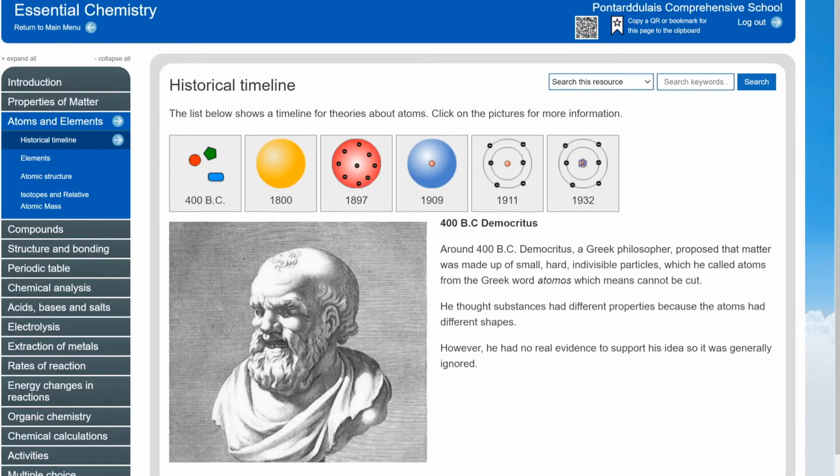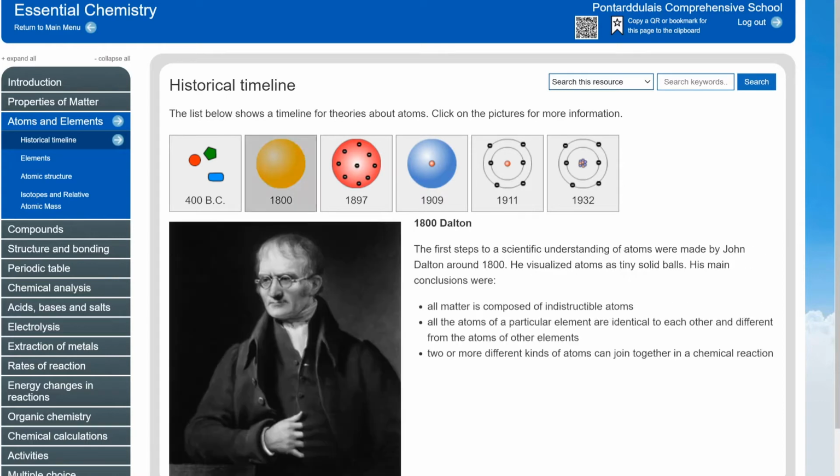Let's look at a bit more detail about the historical timeline of the theories about atoms. You can see the picture here. Democritus, 400 BC, came up with this idea of atomos, but didn't talk about anything inside them. Then we did have this gentleman, Dalton. He visualized atoms as tiny solid balls or spheres.